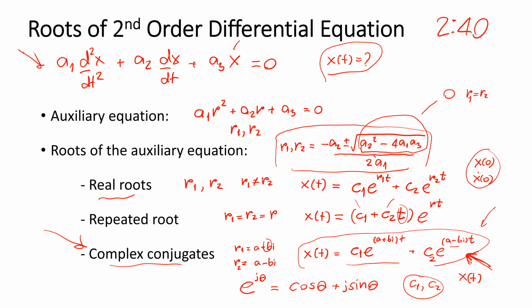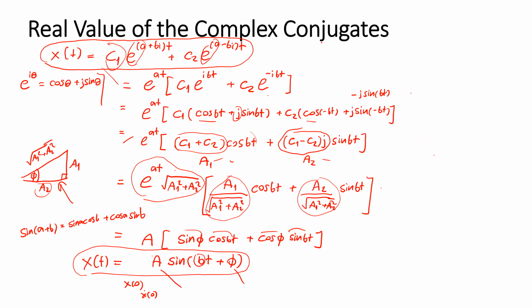Maybe you still cannot imagine, but in our next example, we will show you, if we have the vibration system and the initial condition, how we can obtain A and phi as constants and derive the vibration frequency B.